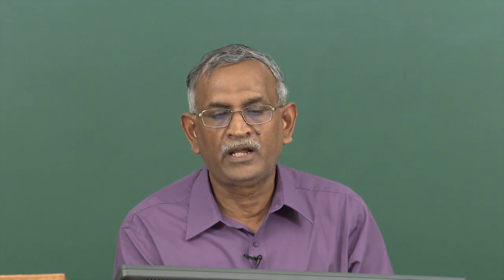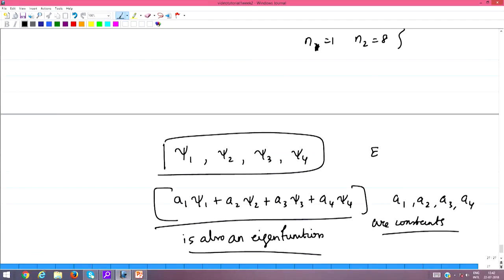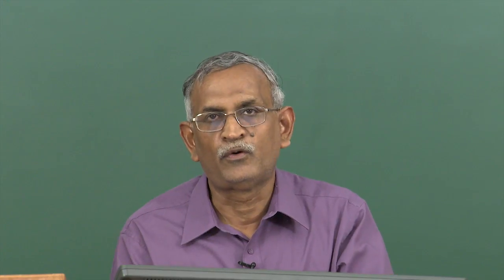So, in this case there are 4. You may choose infinitely many choices for A1, A2, A3 and A4, but only 4 of them will be linearly independent of each other. Everything else can be expressed as a linear combination of these 4. So, the dimensionality of the degenerate states is given by the simple exercise that you see.